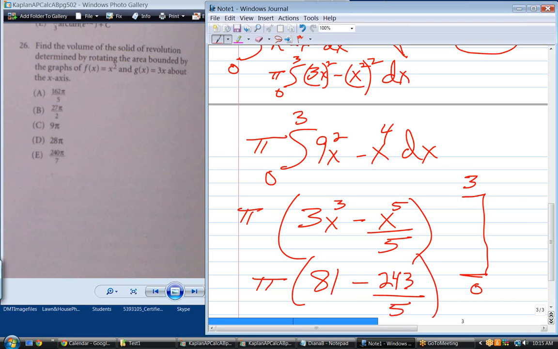So it looks like it's going to be A, 162 pi over 5. In other words, if I do this operation, I have 405 fifths minus 243 fifths. That's 162 fifths.